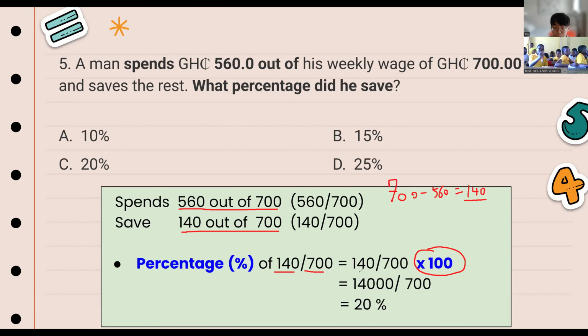So if you divide 140 by 700 and multiply that by 100, then this becomes 14,000 divided by 700, which is 20%. That's why the answer is C. So does everyone understand how to solve this question?